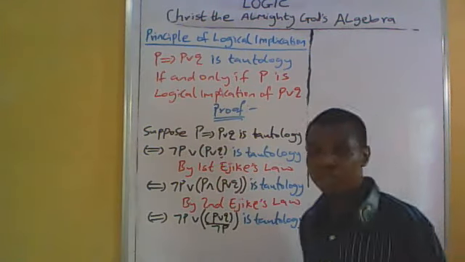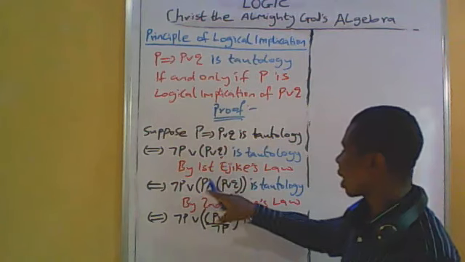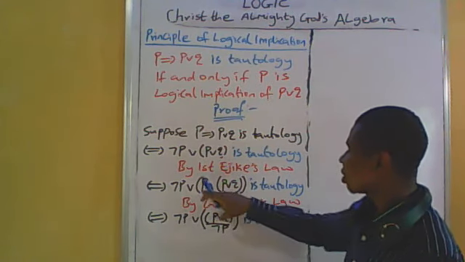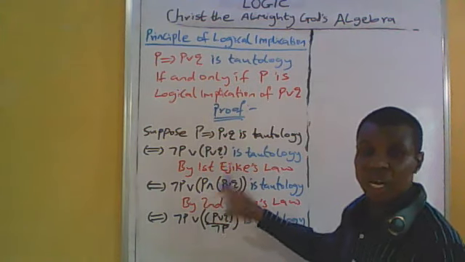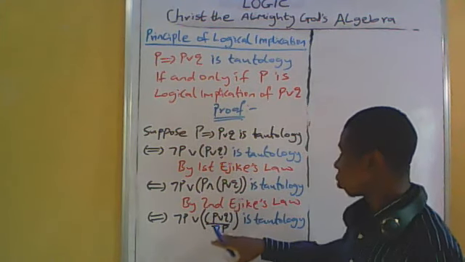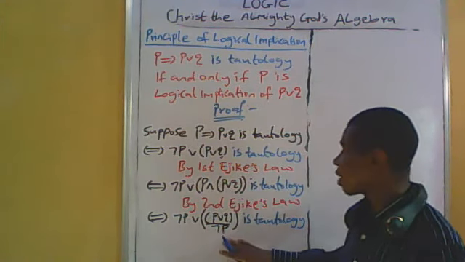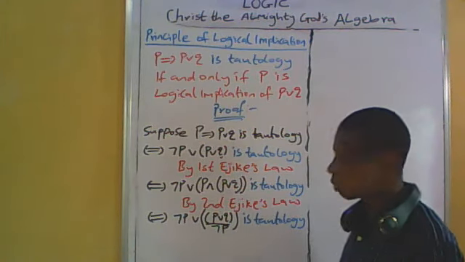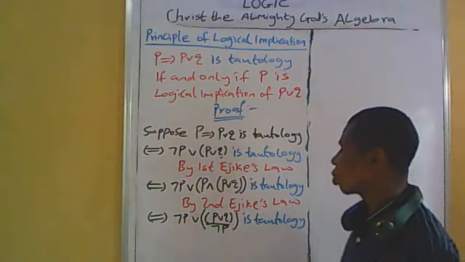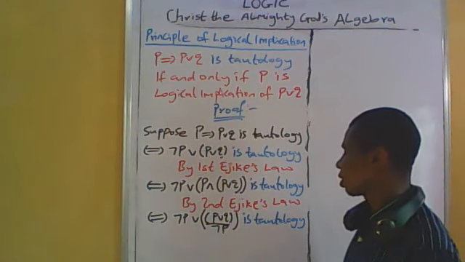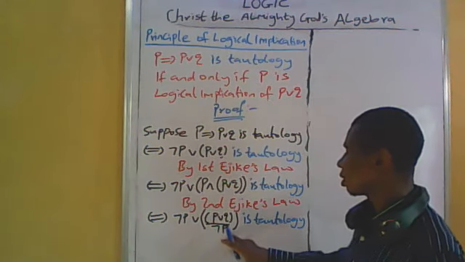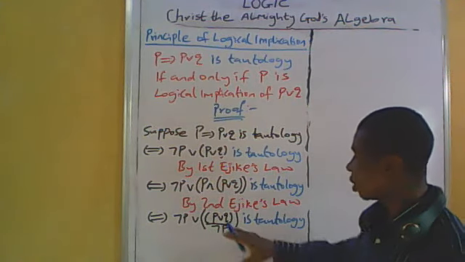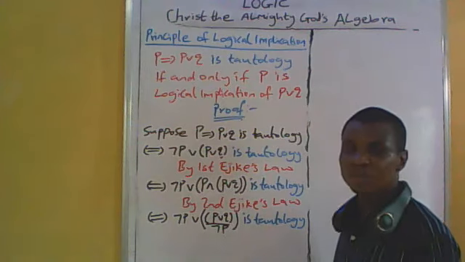You see that this P and bracket P or Q, a conjunctive statement, has now been transformed to a conditional statement. That's why you have P or Q upon not P. That means not P implies P or Q, and it is still a tautology, equivalent to this.